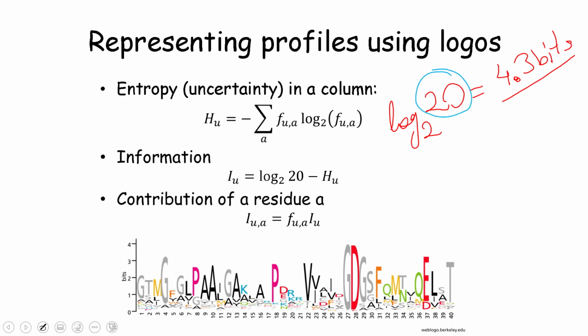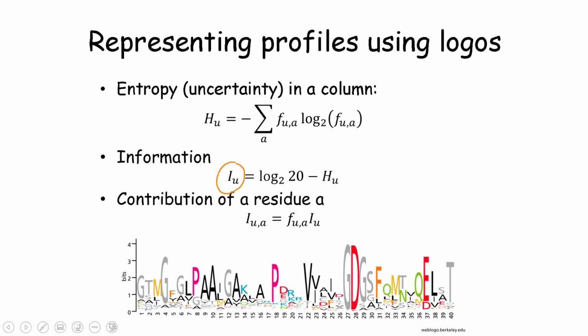The maximum entropy of a column from the multiple alignment of DNA sequences would be log 2 of 4, which is equal to 2 bits. The smallest entropy would happen if a column consists of only one type of amino acid, in which case the entropy would be 0.